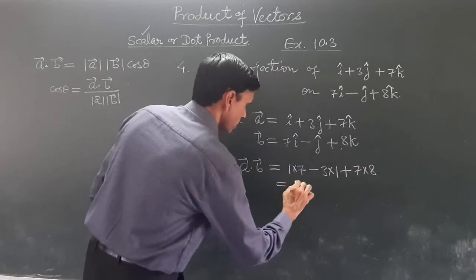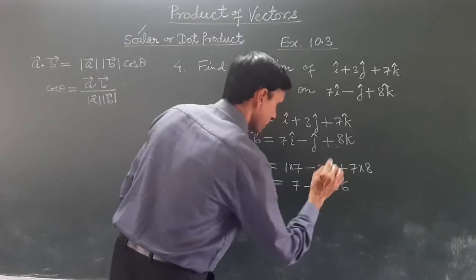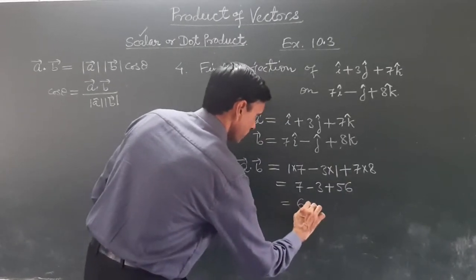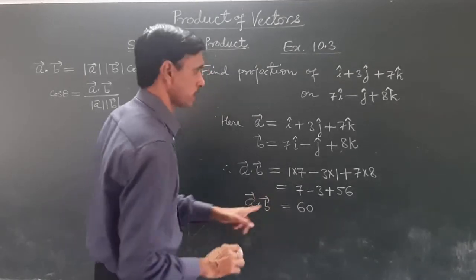So this is 7 minus 3 plus 56. It is 60. A dot B is 60.